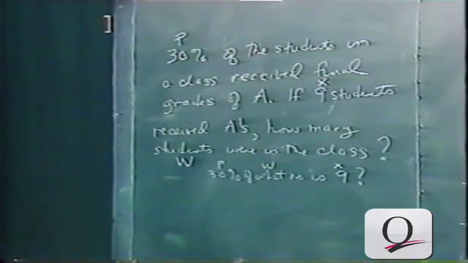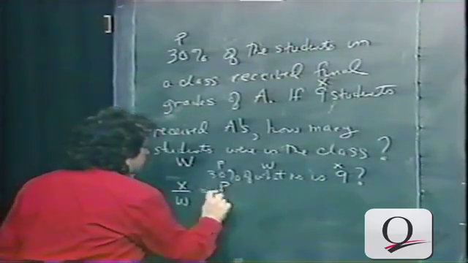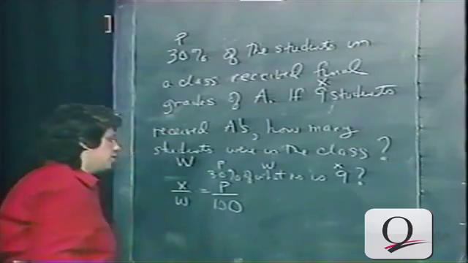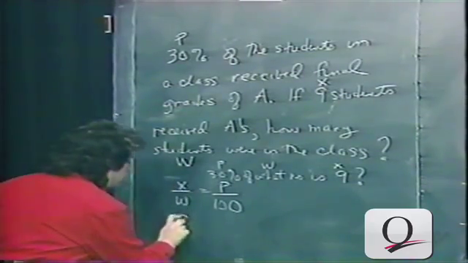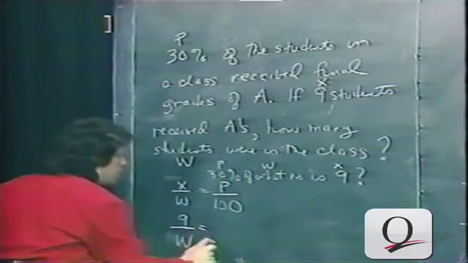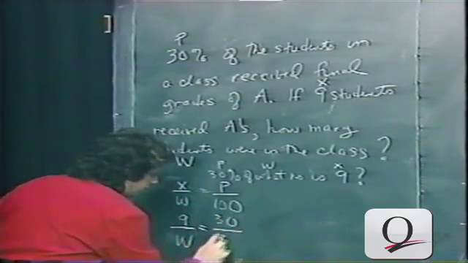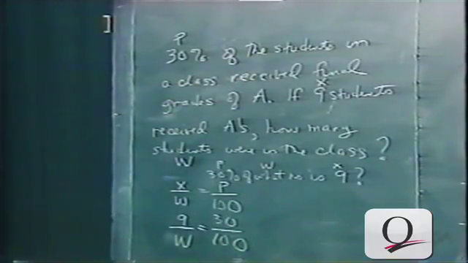Now X is to W as P is to 100. 9 is the part. The whole is what we're looking for. The percent is 30. So 9 is to W as 30 is to 100.